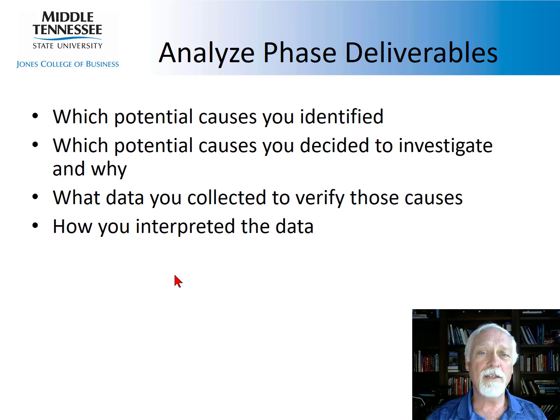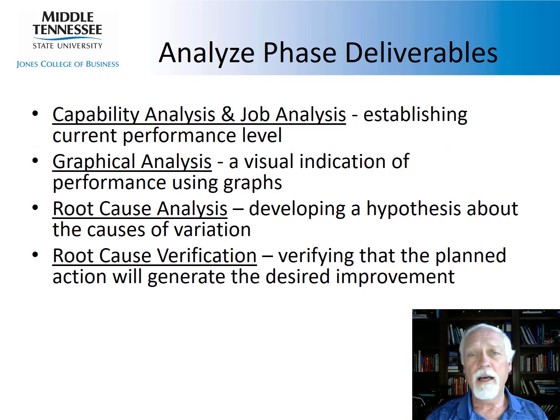Now let's go into the deliverables for the analyze phase. What you should expect to deliver is the potential causes you've identified, which ones you decided to investigate and why, what data you collected to verify the causes, and how you interpreted that data, because when you present the data, you may find not everyone interprets it the same way. Capability analysis and job analysis.